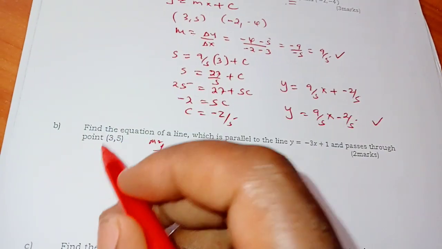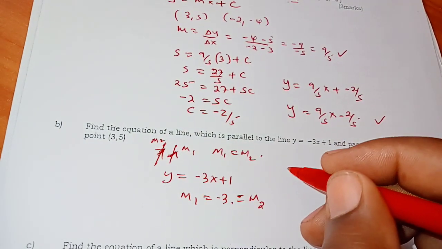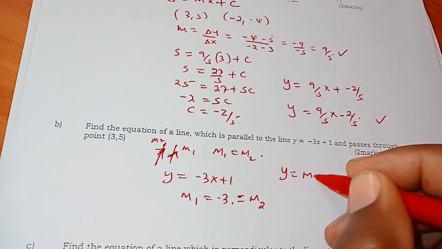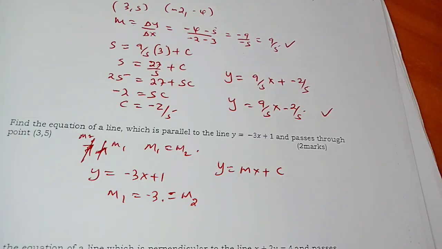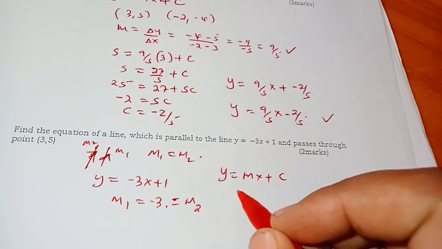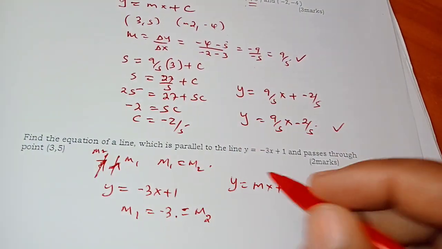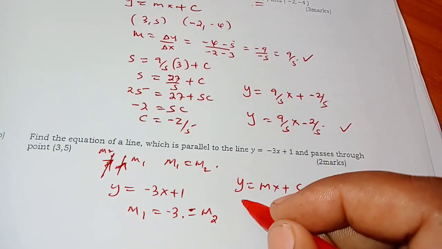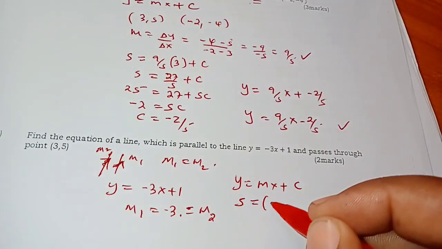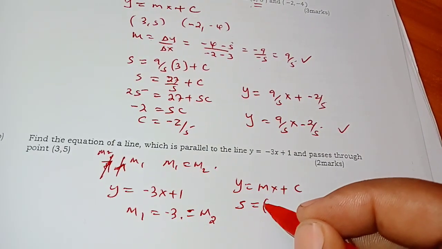So we already have the gradient, and this gradient is the same as m2. We need to use this point and the gradient in the standard equation for a straight line. We substitute: y is 5 and x is 3, and the gradient is 3.